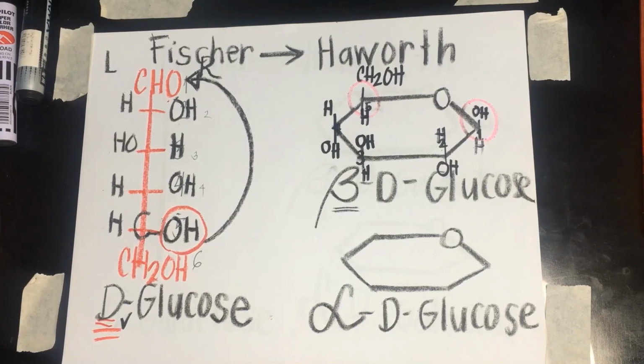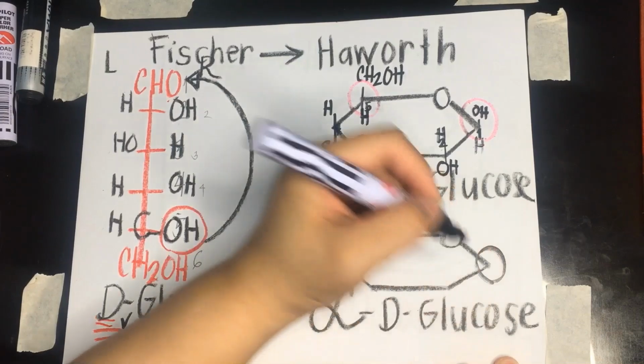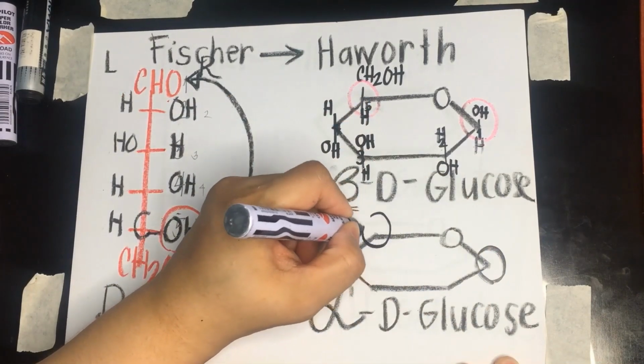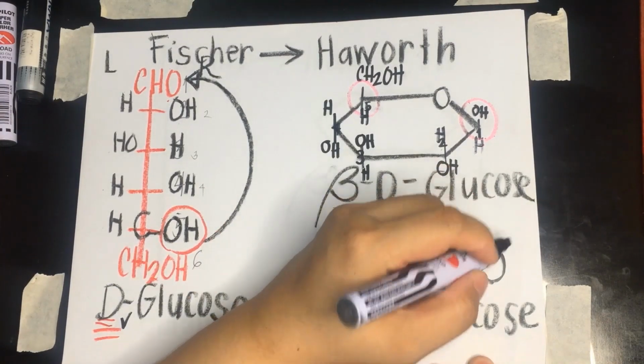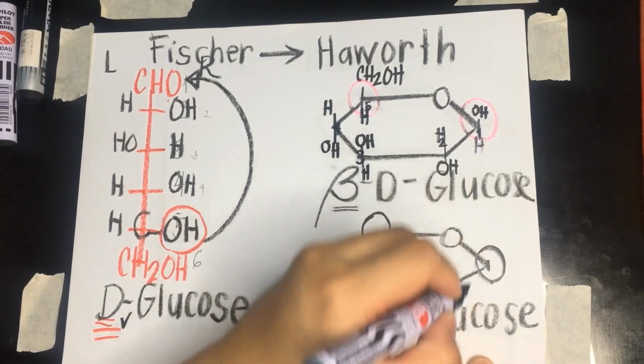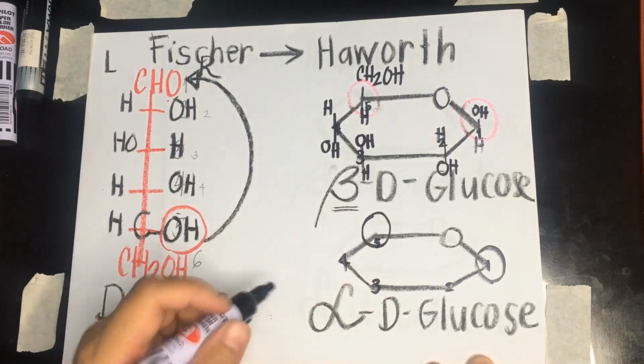Let us now do the same for our alpha-D glucose. Okay? So, once again, let us not yet answer the first carbon and the last carbon, so that they will be the last ones. We are now going to count. So this will be our carbon number 1, carbon number 2, 3, 4, 5.